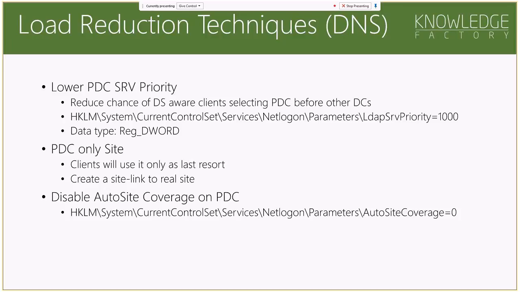The other one is to create PDC-only sites, so when clients are trying to talk to a domain controller, they will talk to the PDC as a last resort. This is pretty much like DNS mnemonics. So basically, you say the PDC is available, but it will be the last thing you will use, or I will let you use.